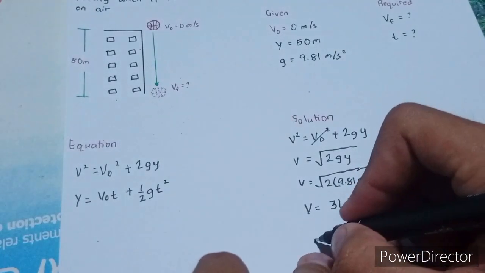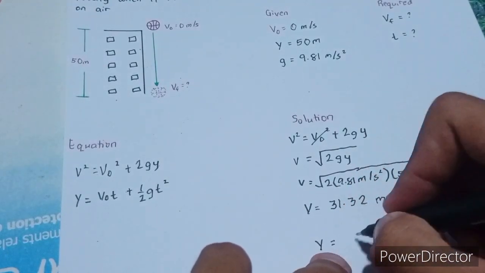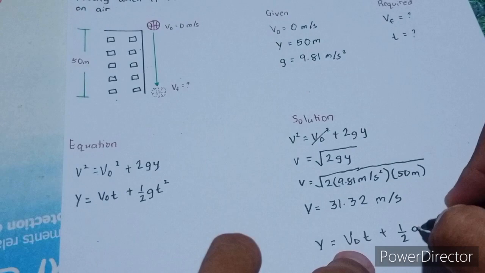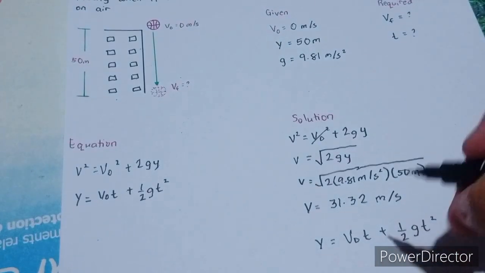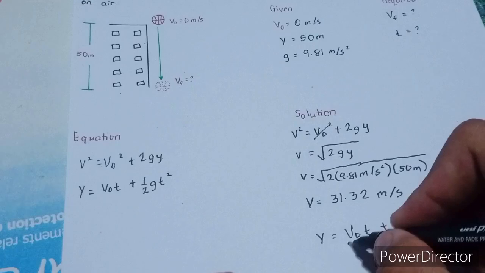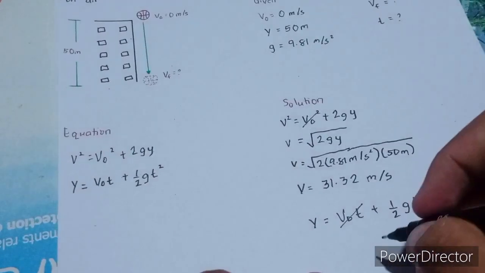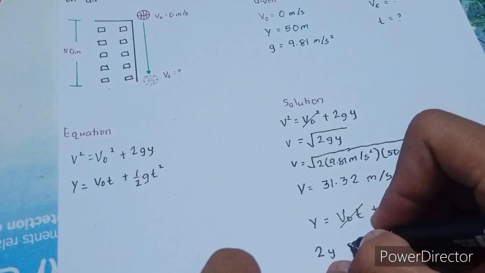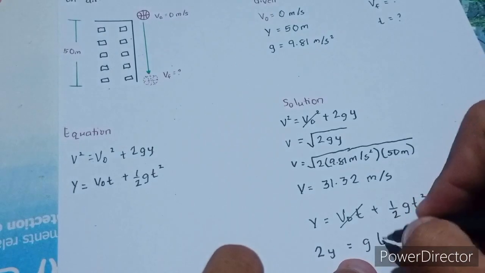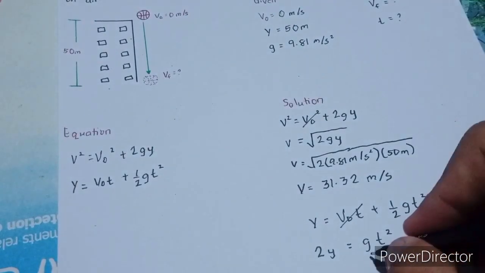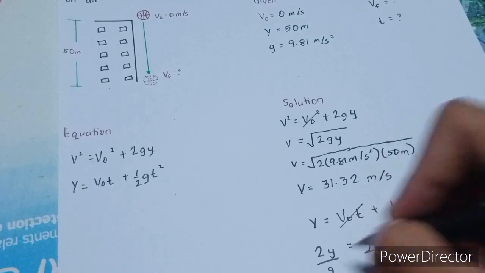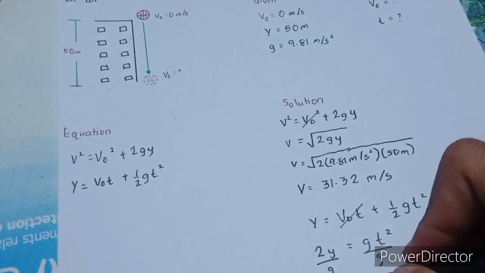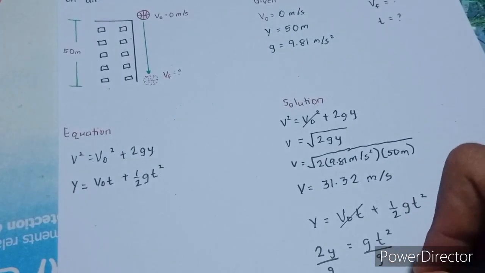And for the second unknown, we have y = Vot + 1/2 gt². Since our initial velocity is equal to 0, we can cancel Vot. By formula transformation, we get 2y = gt². To get the value of t, divide both sides by g. So t² = 2y/g.